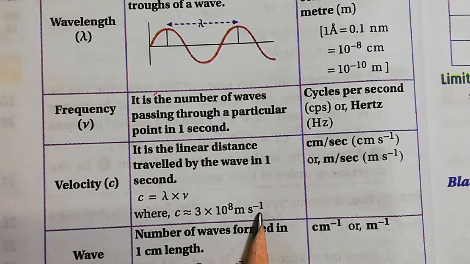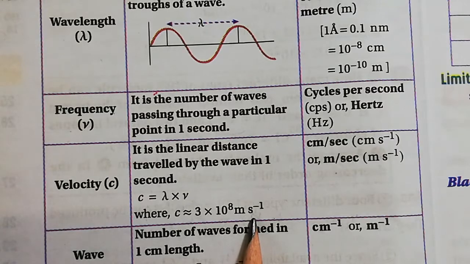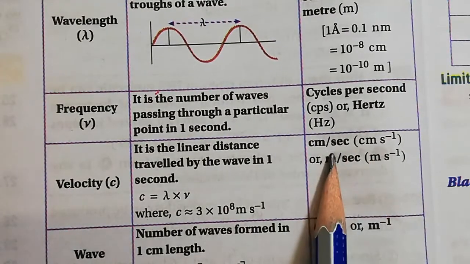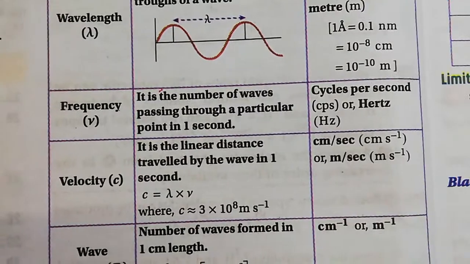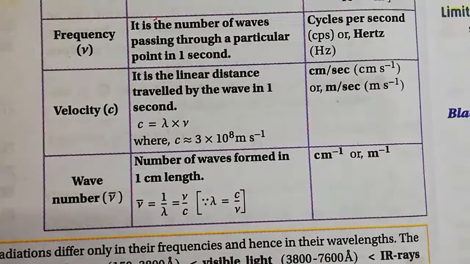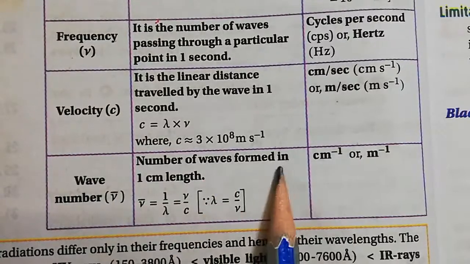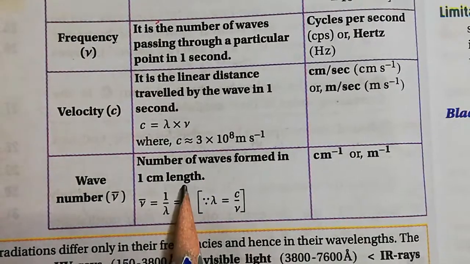Visible light is also an electromagnetic wave, and the unit of velocity is centimeter per second or meter per second. Another important term is the wave number, the number of waves formed in 1 centimeter of length.